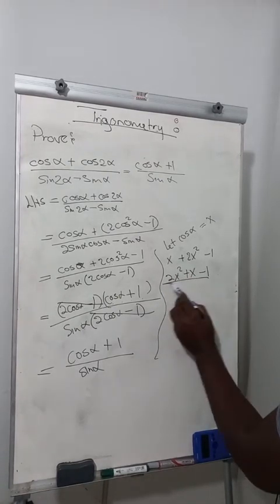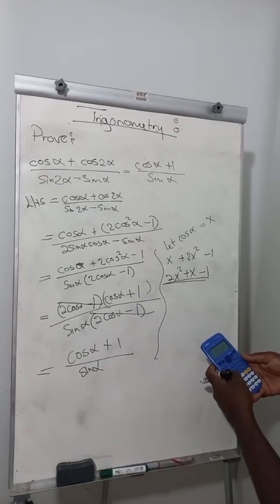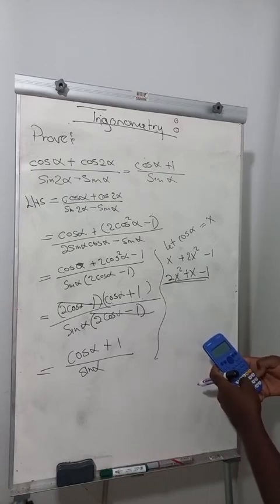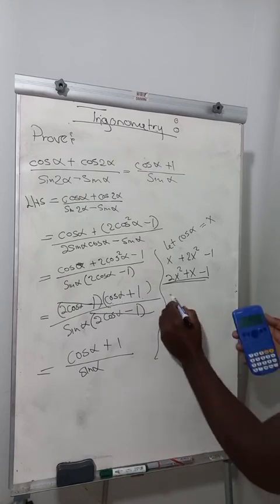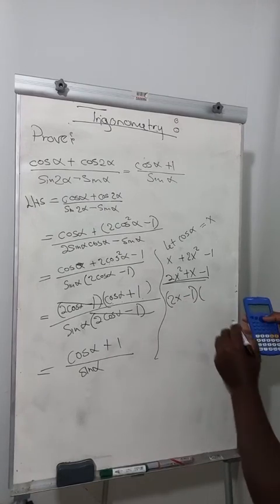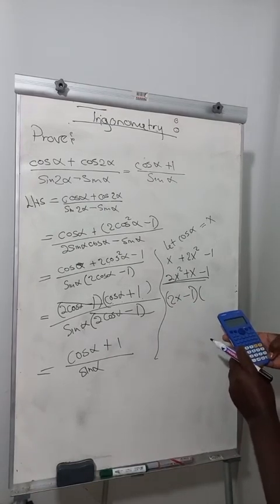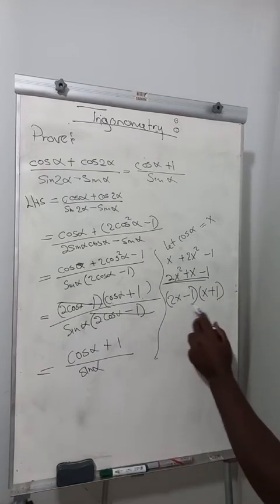Now try to factorize this thing. Those of you who are like me, who are used to the quadratic formula, you just say negative 1 plus the square root of 1 minus 4, where a is just 2 and c is negative 1, divided by 4. So you'll have 2 and then x minus 1, and the other one will give you x plus 1.